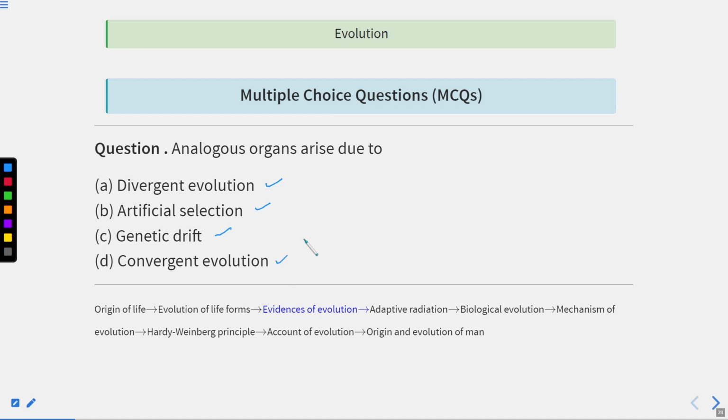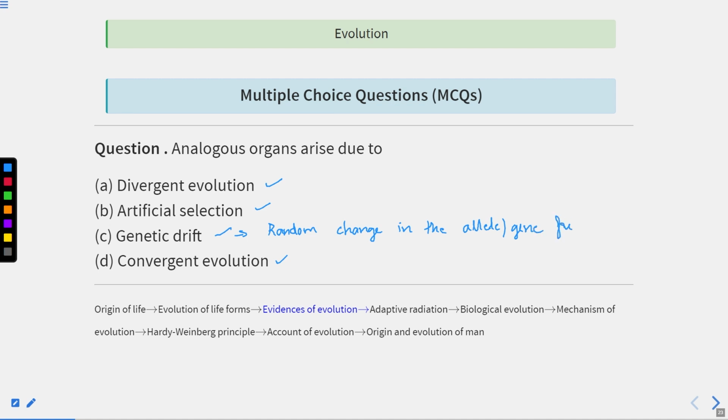So we have already talked about divergent evolution, and we also have talked about artificial selection. What is genetic drift? Genetic drift is the change in the frequency of allele or the gene by random chance. Or you can say random change in the allele or the gene frequency.